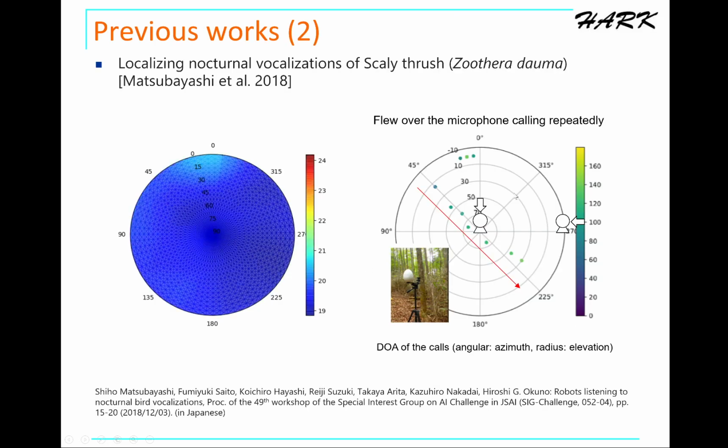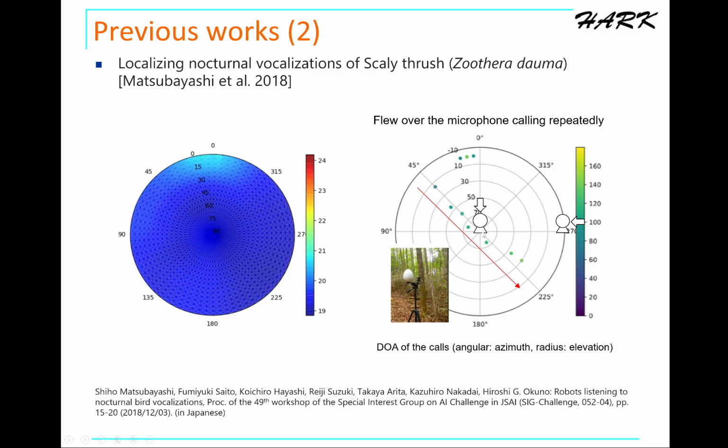And this is another example. The benefit of using this approach is that we can localize the vocalization of birds at night. So this is an example of localizing the nocturnal vocalization of scaly thrush in our experimental forest. In this case, we use the 60-channel microphone array called DACHO. So this allows us to estimate not only the azimuth, but also the elevation.